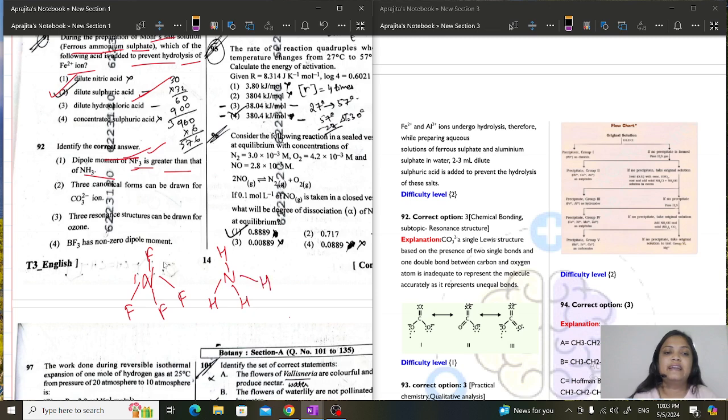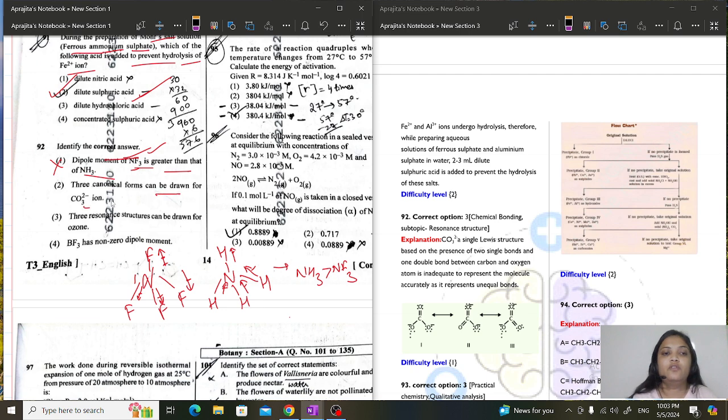If we see the net dipole moment, in the case of NF3 it is having opposite direction, but in the case of NH3 it is in the same direction. So yes, the dipole moment of NH3 would be more than NF3. So this is wrong.